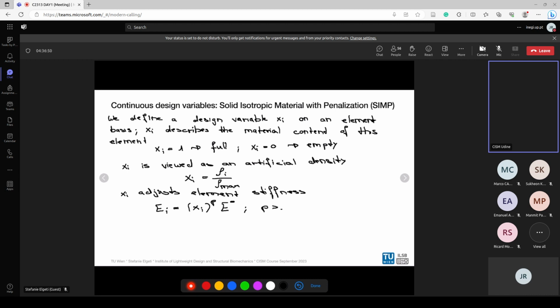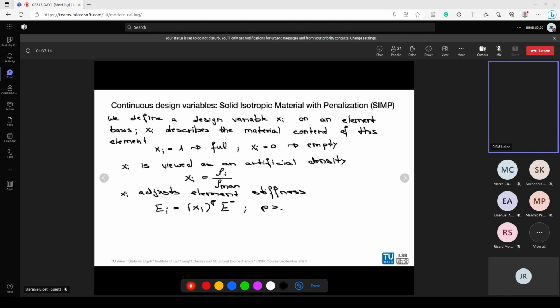So this is why we need it, because otherwise we would have this homogeneous field, and all of the intermediate values, they're basically useless to us because we need to decide somehow, is this material or not? So we don't want the intermediate values. So this power law formulation helps us to punish intermediate values.